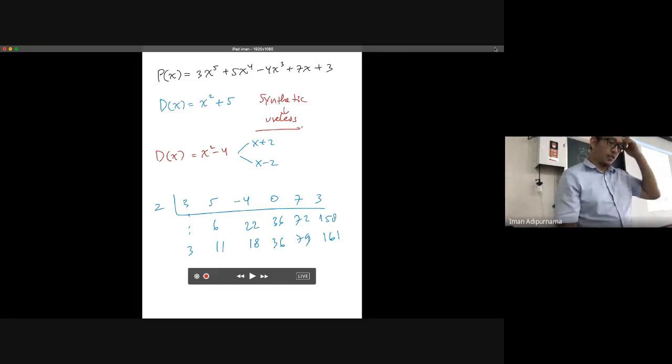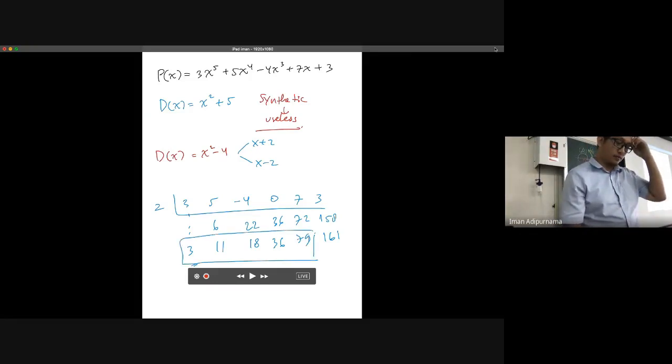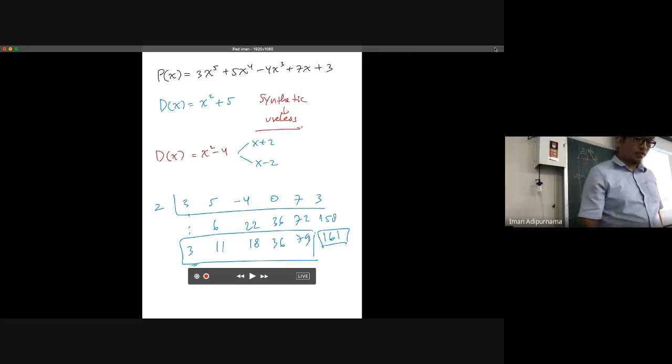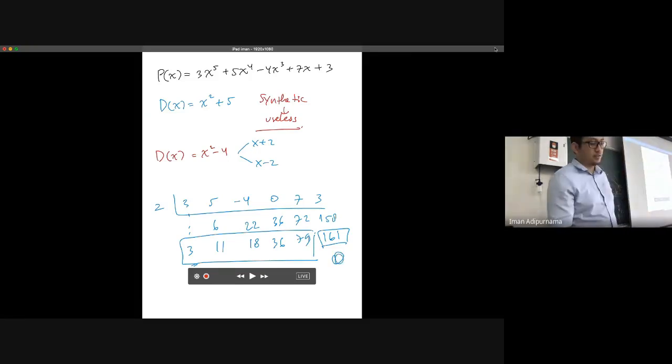Okay, you got this. You have the remainder here. You also try, but because it's not 0 here, the synthetic division also fails. If it is 0, then you can divide one more time by negative 2.